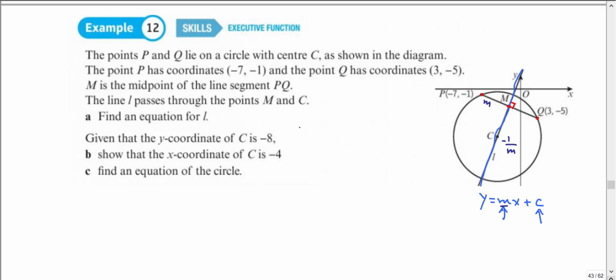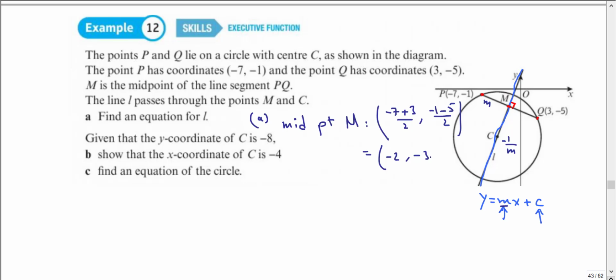So first get the midpoint M. Midpoint M is -7 plus 3 over 2 and -1 minus 5 divided by 2 also. So this is going to be -4 over 2, which is -2, and -6 over 2, so it's -3. So the point is (-2, -3).